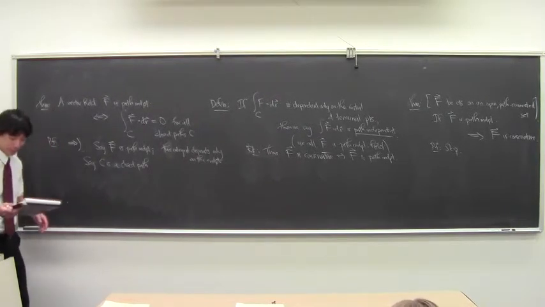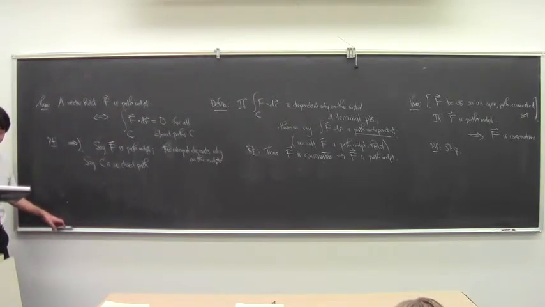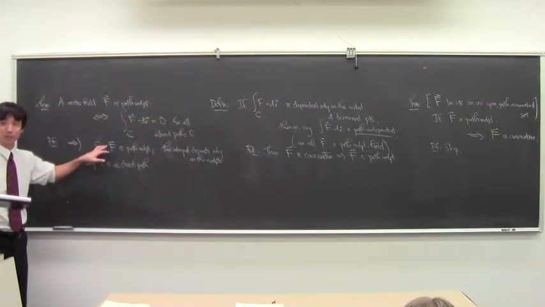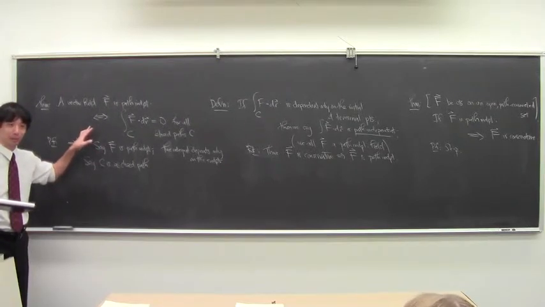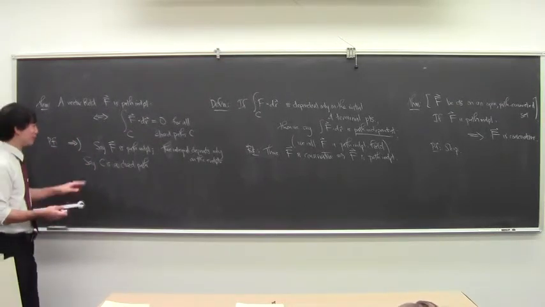Actually, I'm looking at the argument I have in my notes. It looks like it's wrong. So I'll put up the argument and I'll let you see where it's wrong. And then after that, I'll try and think of something that's actually right. While we're doing that, let me think of something that is actually right.